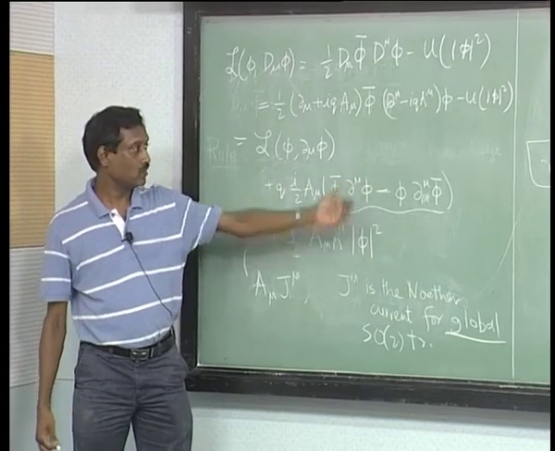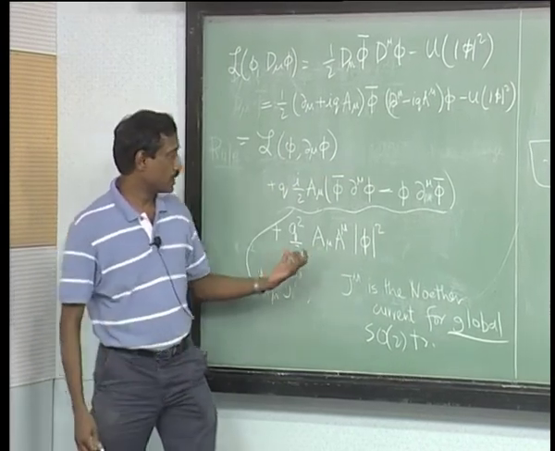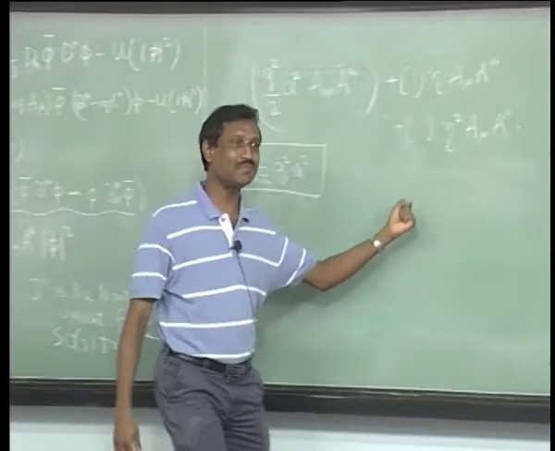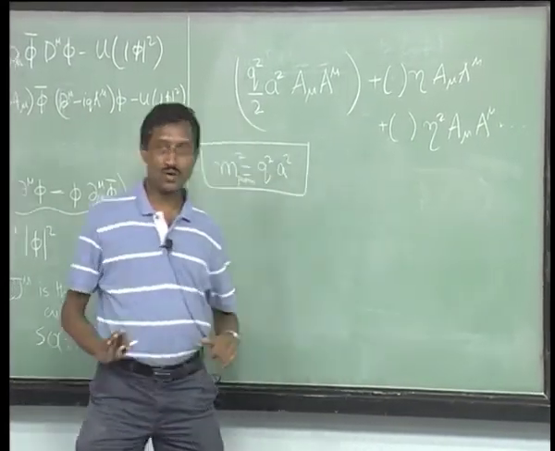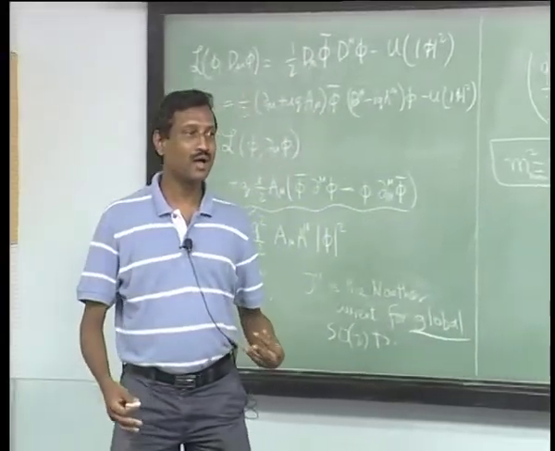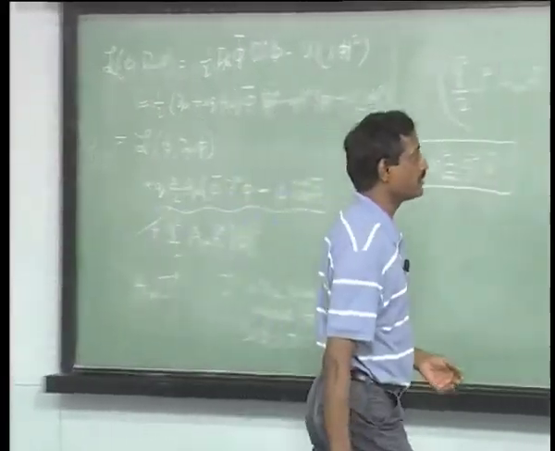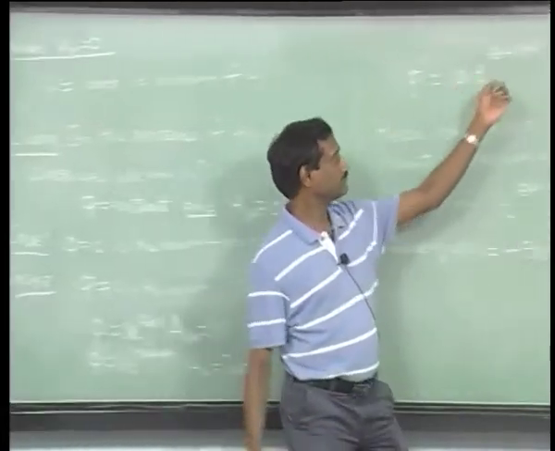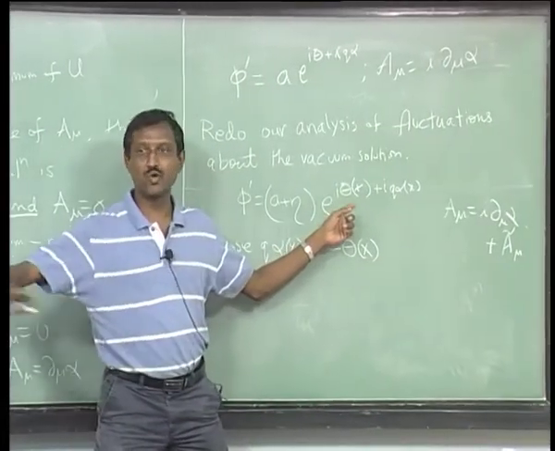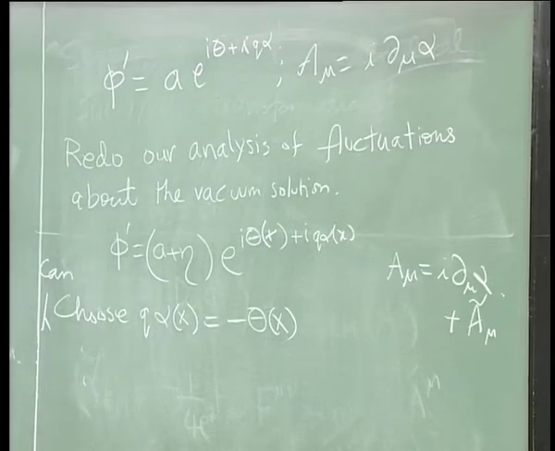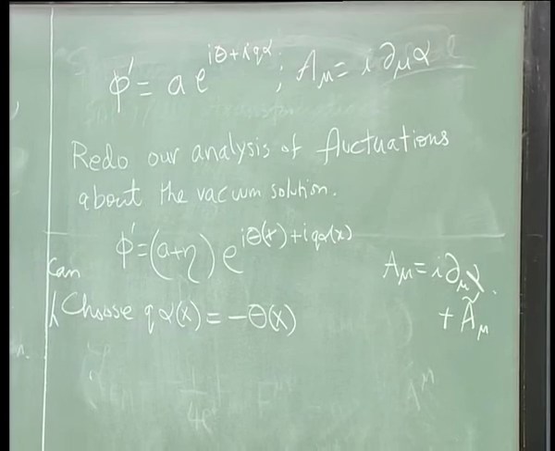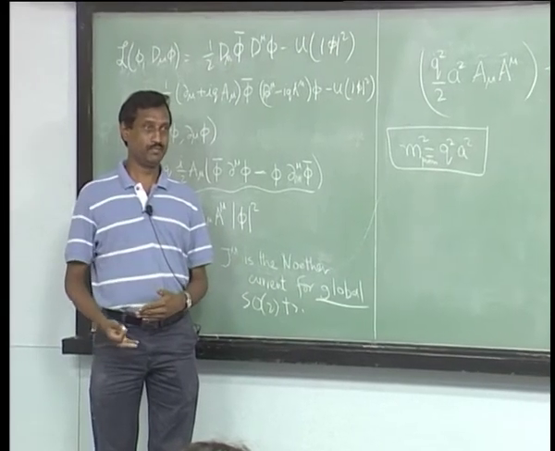So, in other words, if you have spontaneous symmetry breaking in the presence of a local gauge symmetry, the result is somewhat different. Originally what did we have? We had a massless fluctuation associated with this field theta of x, but now theta has disappeared, and it shows up as a mass for the gauge field, which was not possible.